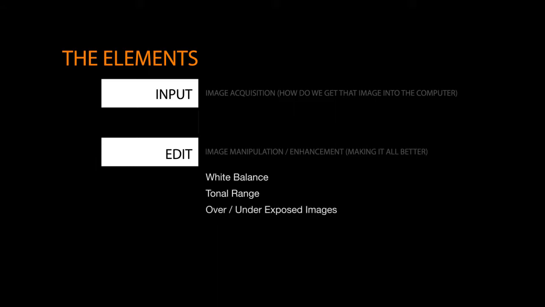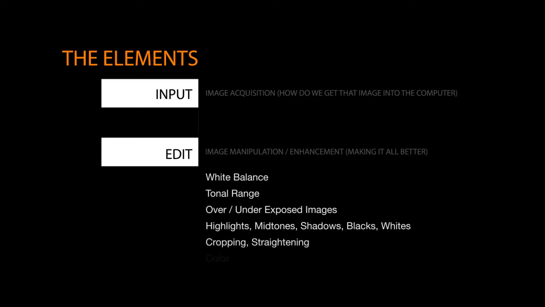Is the image overexposed, underexposed? We're going to manipulate the highlights, the shadows, the midtones, the blacks, and the whites in the image to give you the best looking image that your mind's eye saw when you snapped the shot.